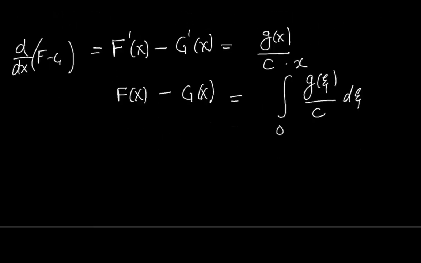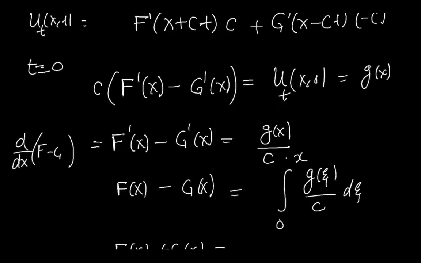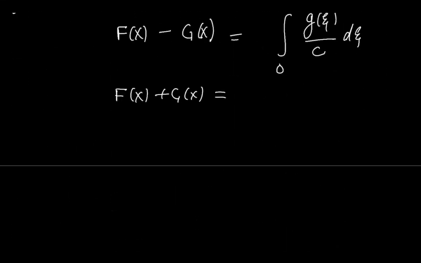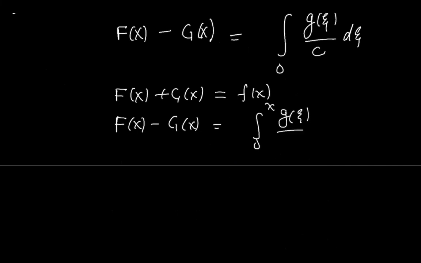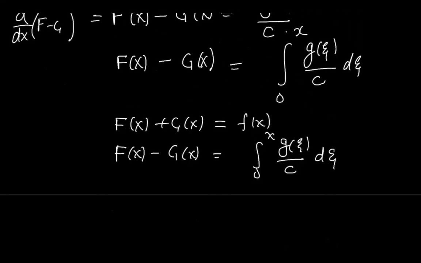So now we have the equations. F(x) plus G(x) is equal to f(x), and F(x) minus G(x) is equal to the integral from 0 to x of g(s) over c ds. Those are the two things we have. Okay, so let's see.